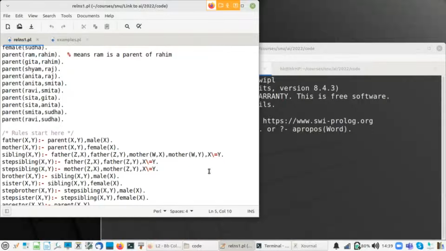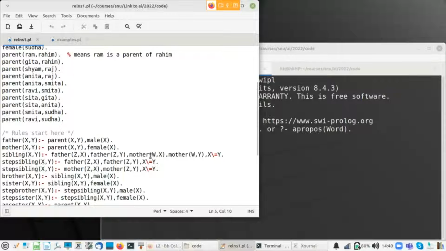We understand that, but here you obviously have to state it explicitly. So sibling means they have the same father and mother, and of course X and Y are distinct, so that X is not equal to Y. If all the right hand side predicates are true, notice this is written in the infix format.